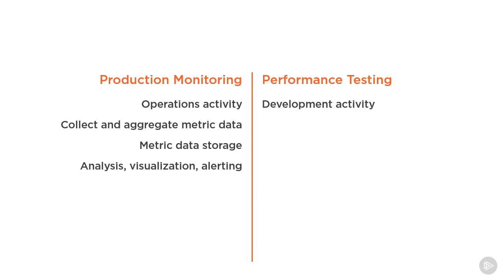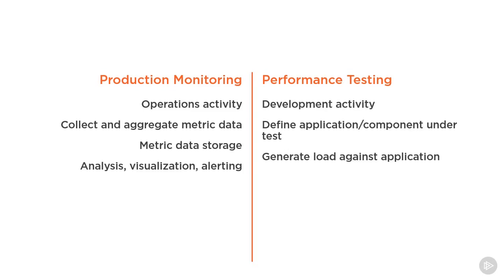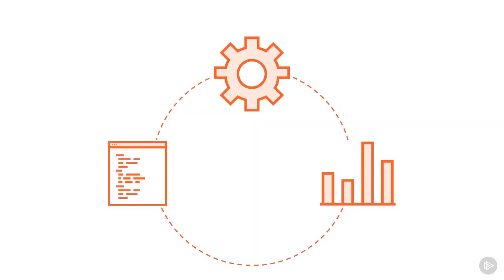In performance testing, you define the application, component, or method under test, then generate some load against the application and measure the results. Usually, you're trying to find the upper bound of performance, either throughput or latency. Performance testing is also usually an iterative process.